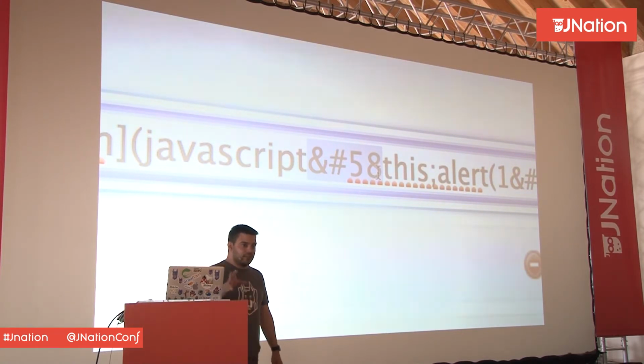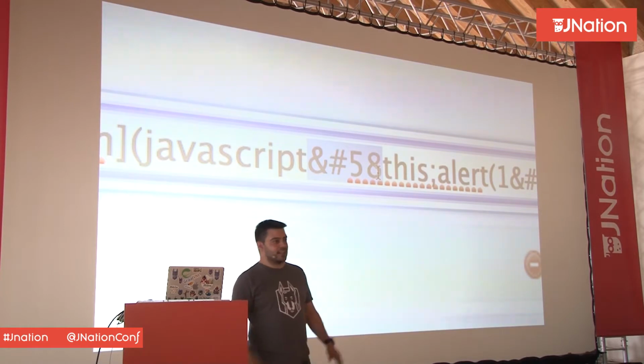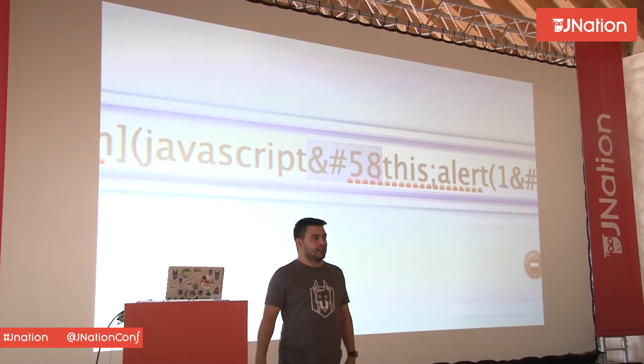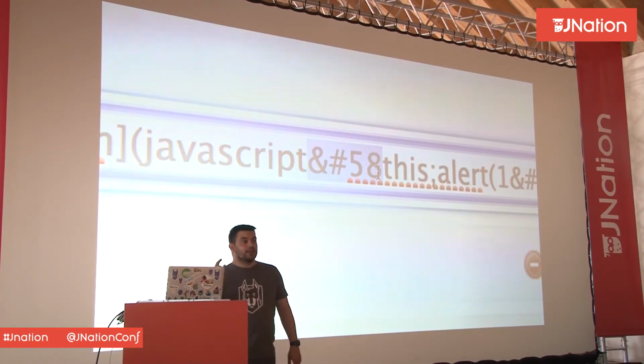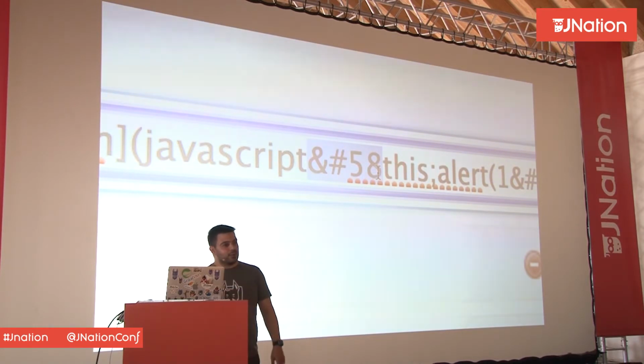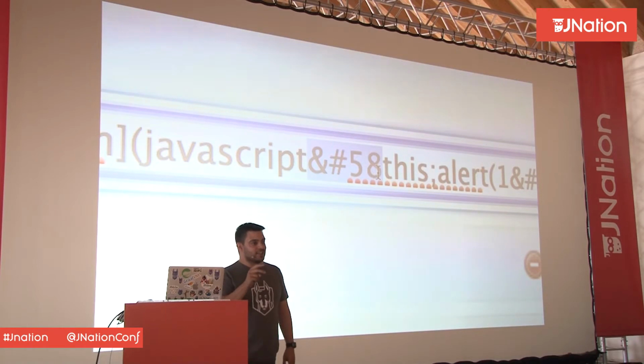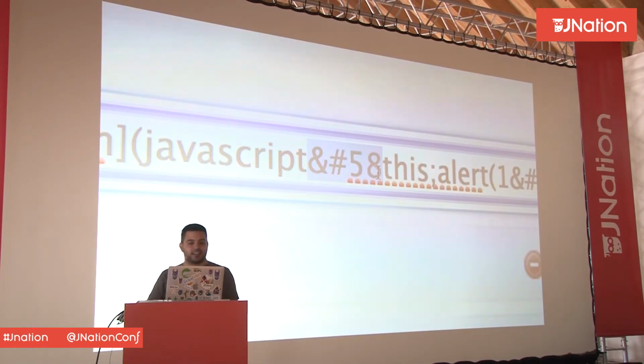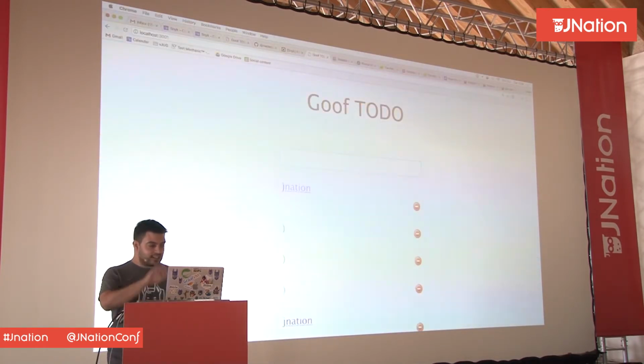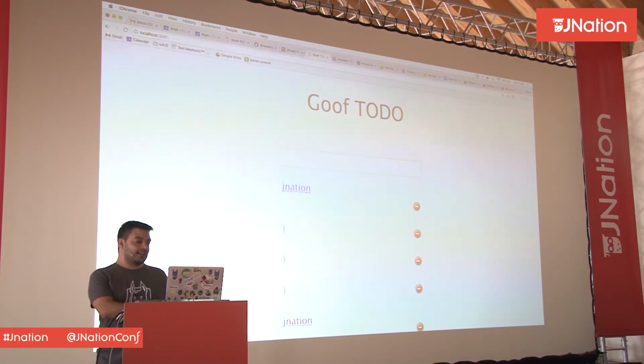So the marked library is going to say, yeah, that's fine, you're not putting a colon there. But the browser is going to say, I think I understand what you're trying to type. You're trying to type a colon, so I'm going to represent it as a colon. So even though we've passed the sanitization, as soon as I run this, all of a sudden we get our link. When I click on that link now, you get your alert.